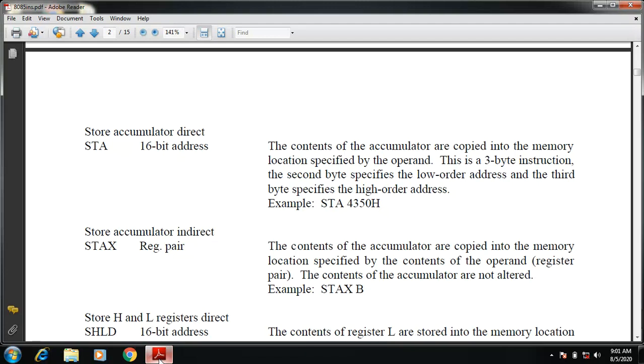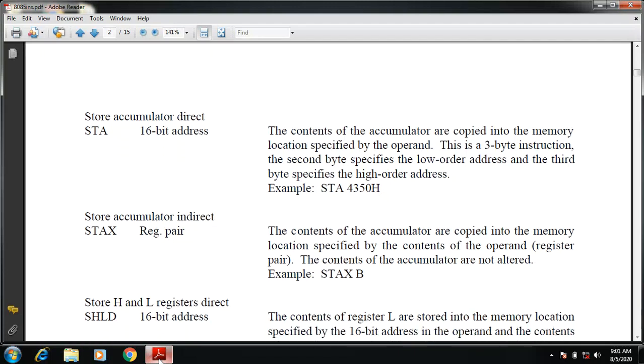The content of the accumulator is copied into the memory location specified by the operand. This is a 3-byte instruction: the second byte specifies the lower order address and the third byte specifies the higher order address.